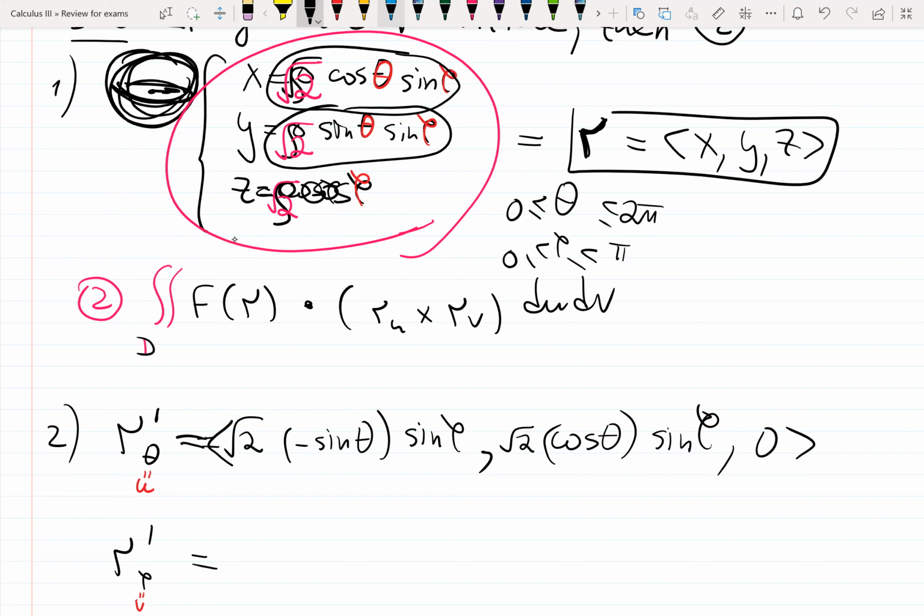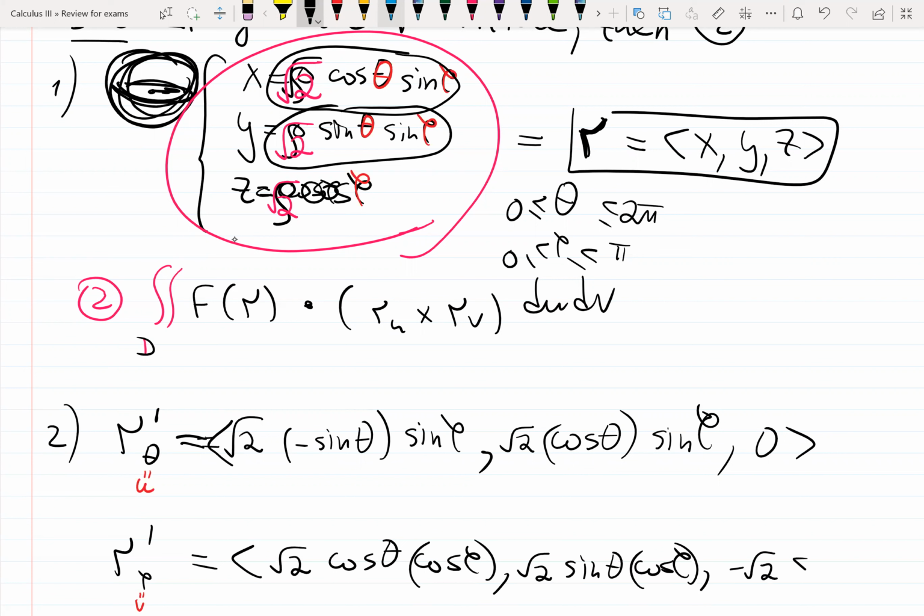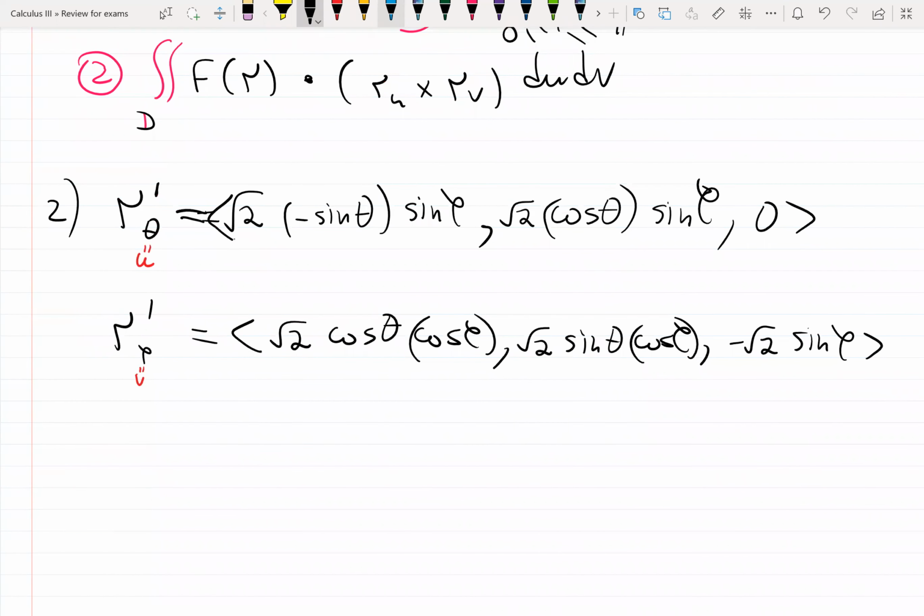And then with respect to phi, repeat: square root of 2 cosine theta, cosine phi, comma, square root of 2 sine theta, cosine phi, comma, minus square root of 2 sine phi. Those are your 2 vectors. Find the cross product, thus.